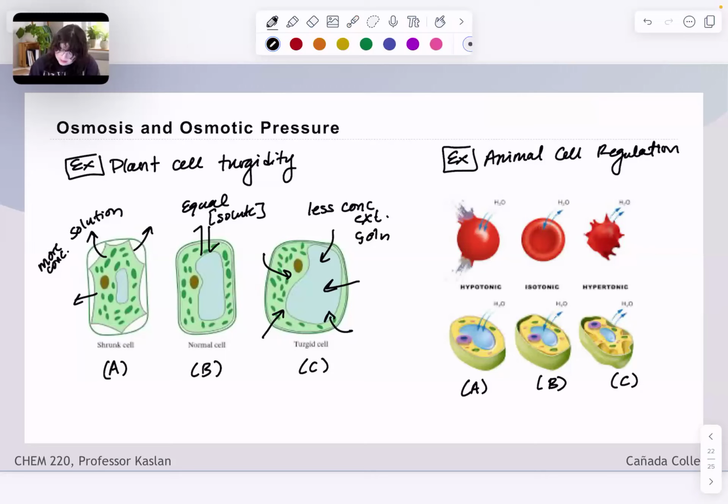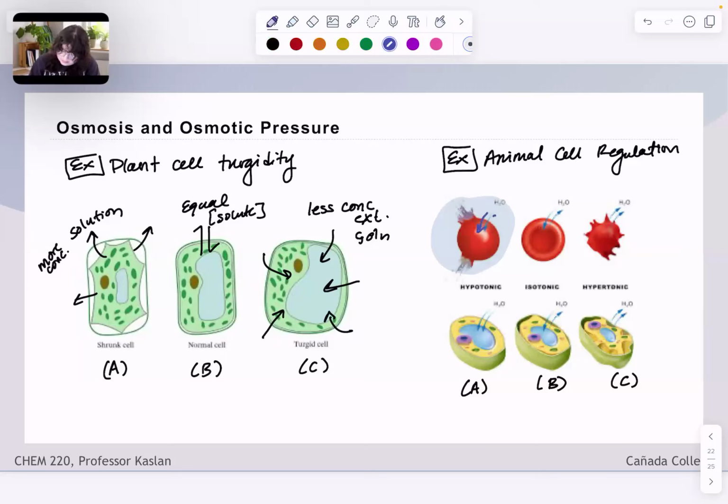In scenario A, hypotonic, this is where we have a solution surrounding our cell that has very little solute, right? So this would be like if we had our cell, which was more concentrated on the inside than on the outside.